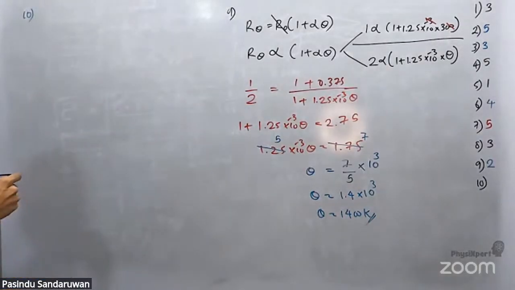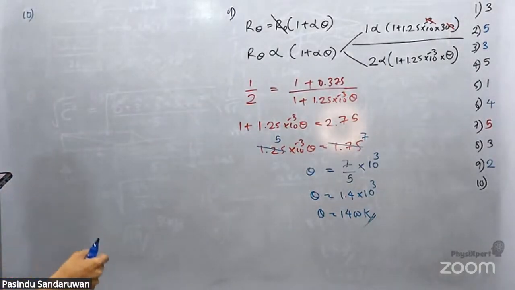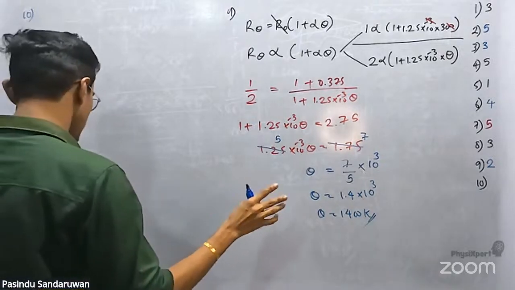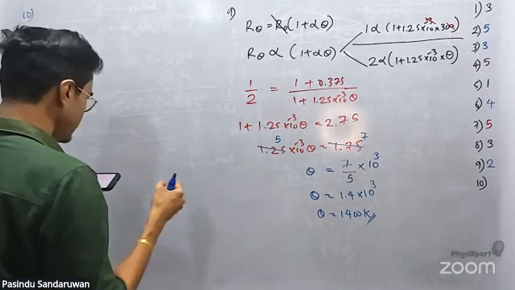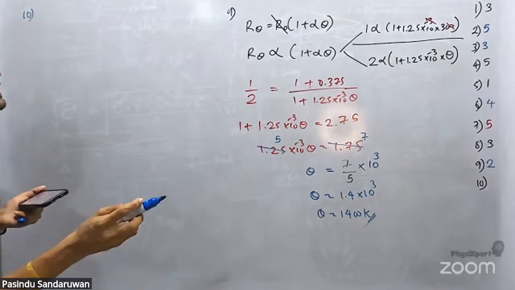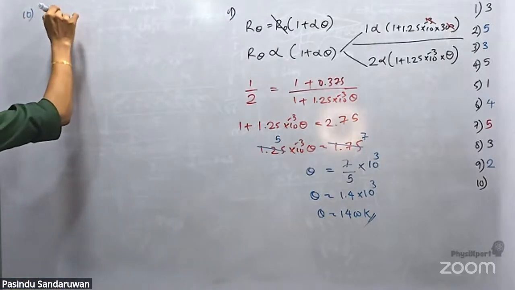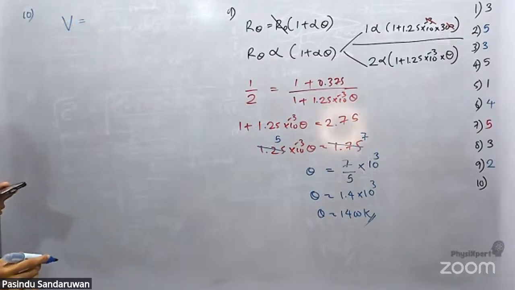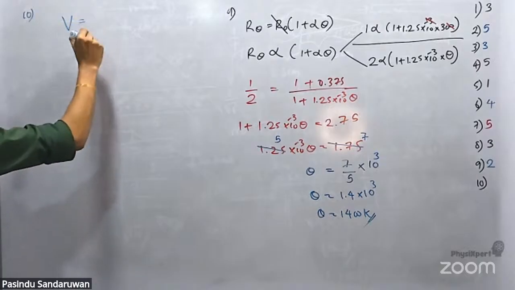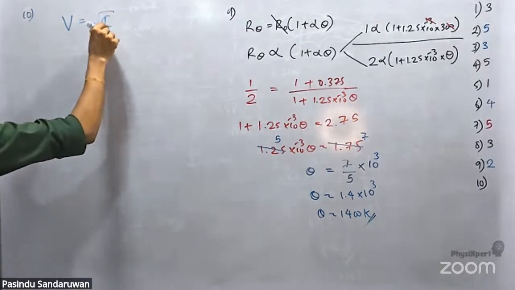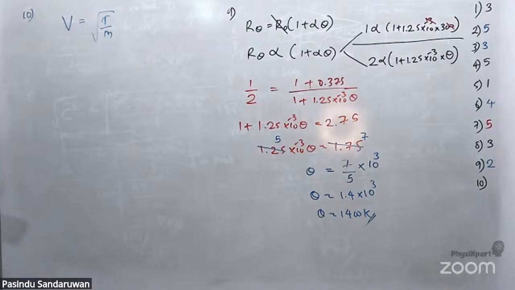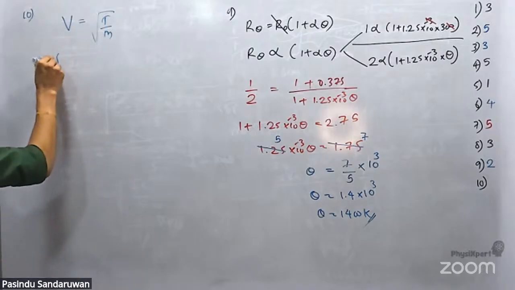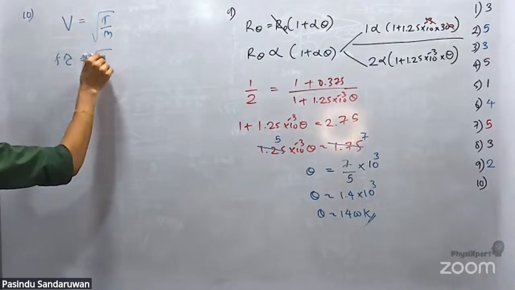So we know the velocity of a transverse wave in a wire is V equals root T over m, and V is F lambda. So F lambda is root T over m.